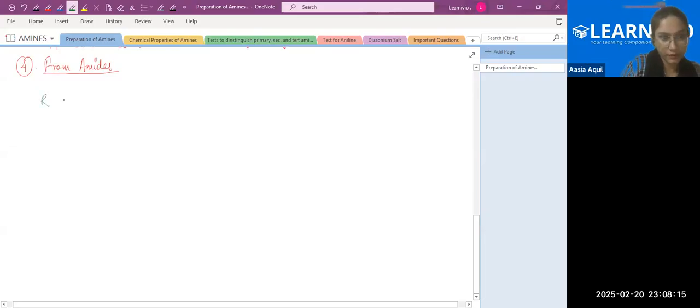So let's see, when you take RCONH2 and in the presence of Br2 and ethanolic solution of NaOH, what happens? You will get one carbon atom less than that present in the amide, right?